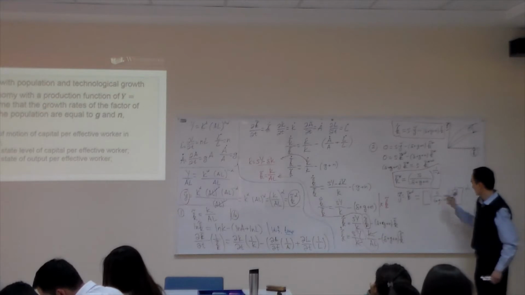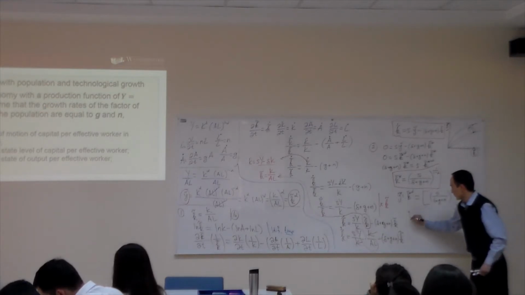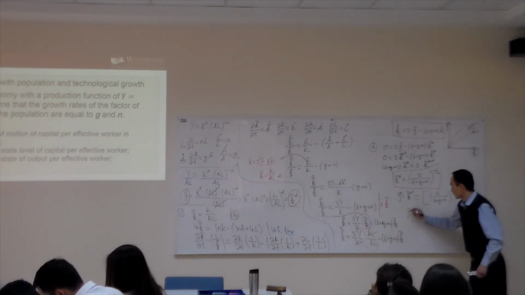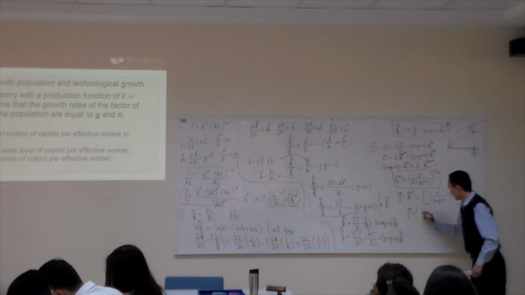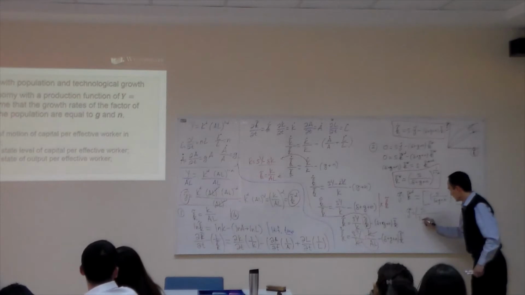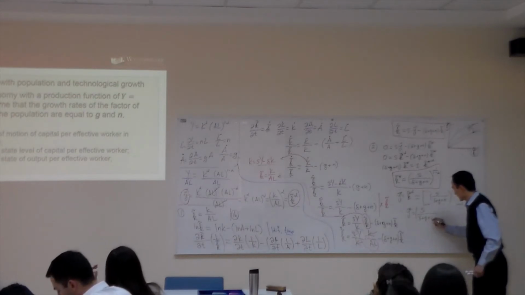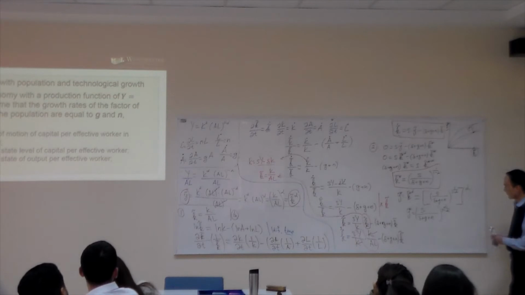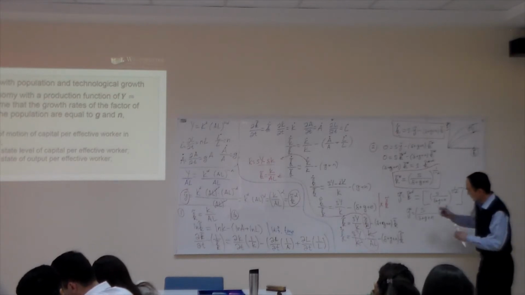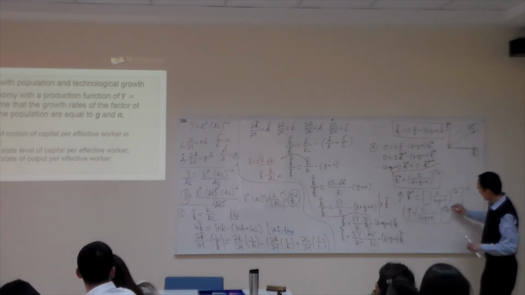In other words, our output per effective labor in the steady state level is equal to saving rate over delta plus g plus n, to the power of alpha over 1 minus alpha. Okay? This is the steady state level of output per effective labor.